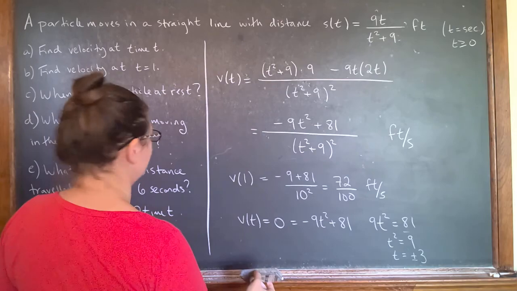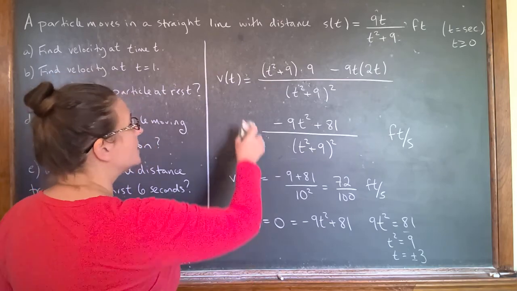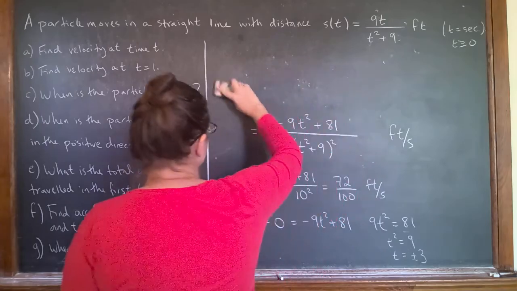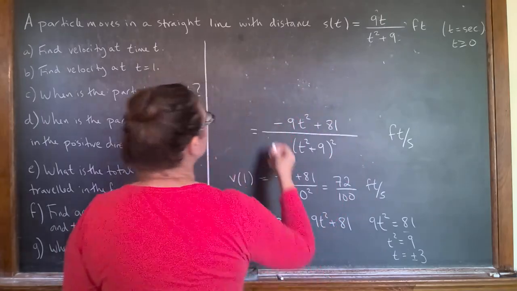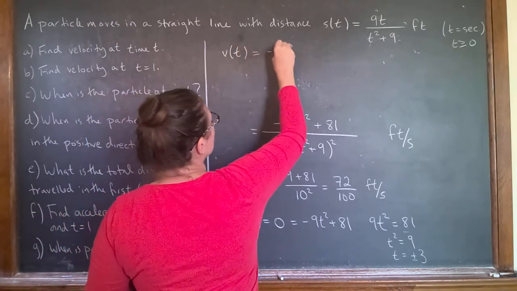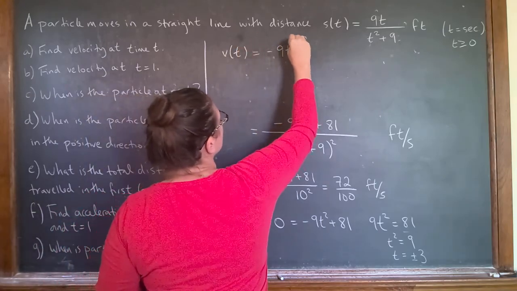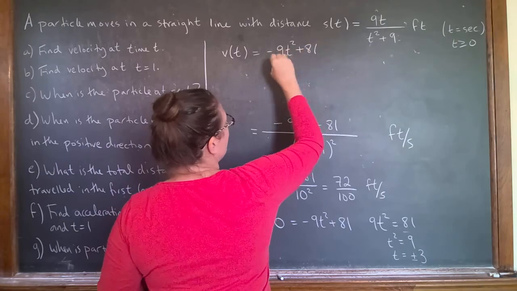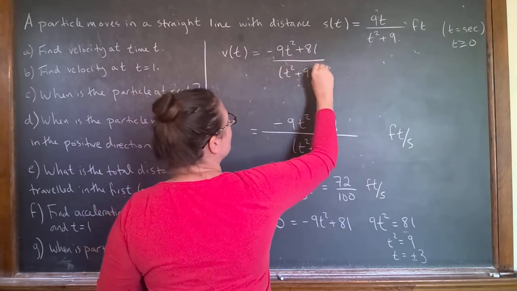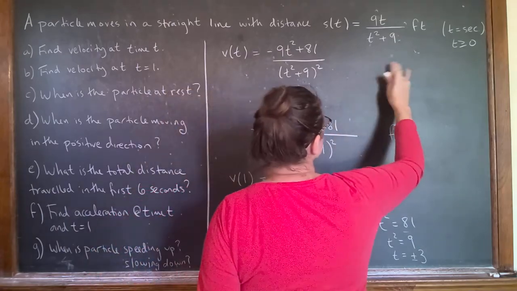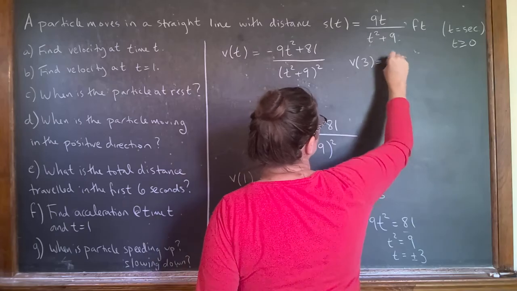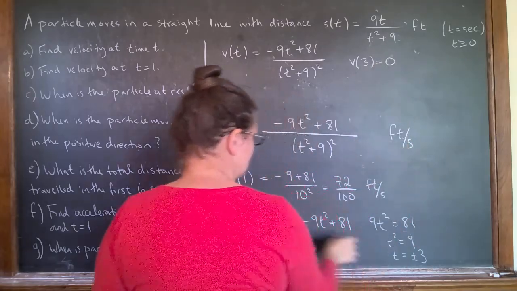Now I need to have some more space. So what I'm going to do is put this velocity up here, because I'm going to need that: minus 9t squared plus 81 over t squared plus 9 squared. And also my information, v of 3 equals 0, that I just found out.